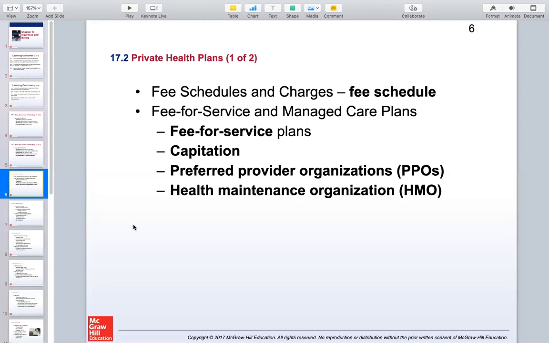I would say, and I think the book also confirms, that more than half of the plans are preferred provider organizations, and these are your PPOs. These are a managed care plan that establishes networks of providers to perform services for those particular plan members. In exchange, with the PPO, the patients get to go wherever they want. They don't have to start with the primary care doctor as the gatekeeper.